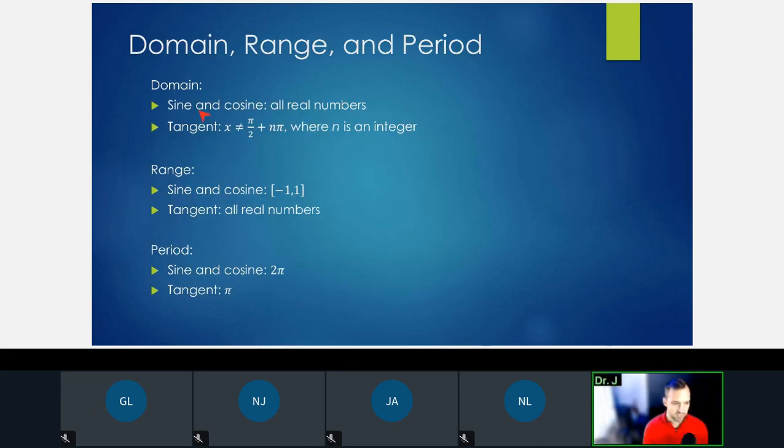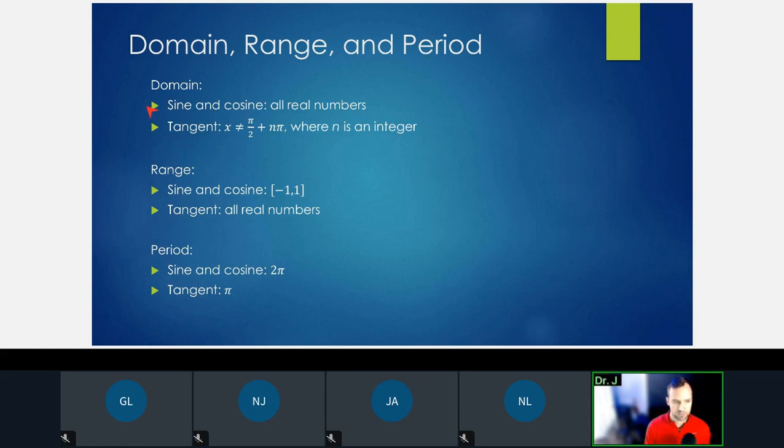All right, on this page, I talk about the domain, range, and the period. This one, I really focused on the period. Sine and cosine, a full cycle is 2 pi, and for tangent, a full cycle is just pi. So half a rotation around the unit circle, or this is a full rotation on the unit circle. Domain and range.